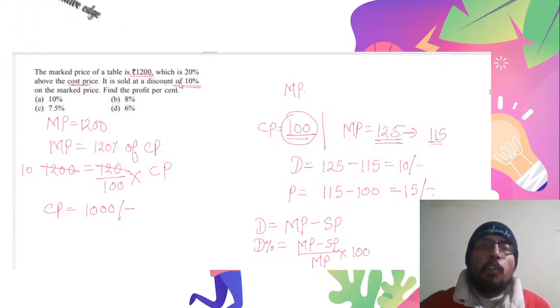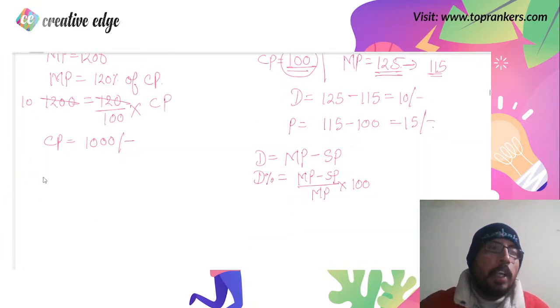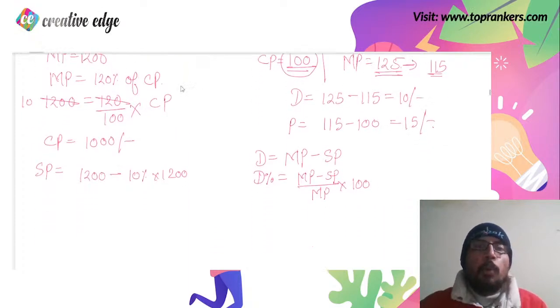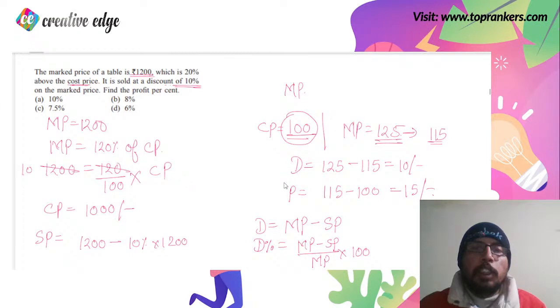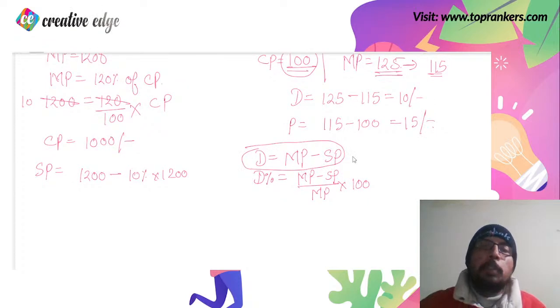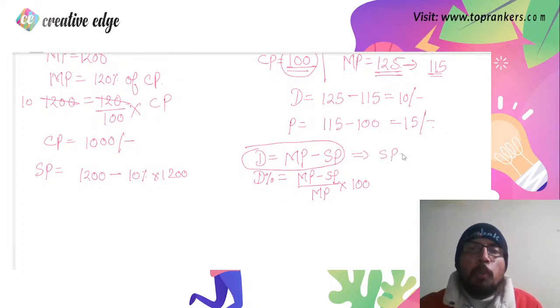So discount is always calculated on mark price. So the selling price will be 1200 minus 10% of 1200. How do we calculate selling price? If you observe discount, MRP and SP, if I take SP to the left hand side, I will be getting SP is equal to MRP minus discount.